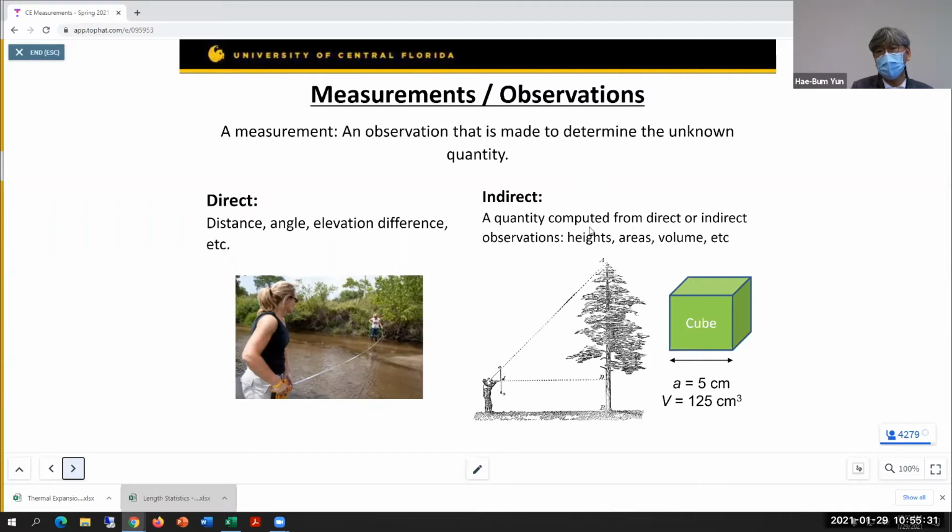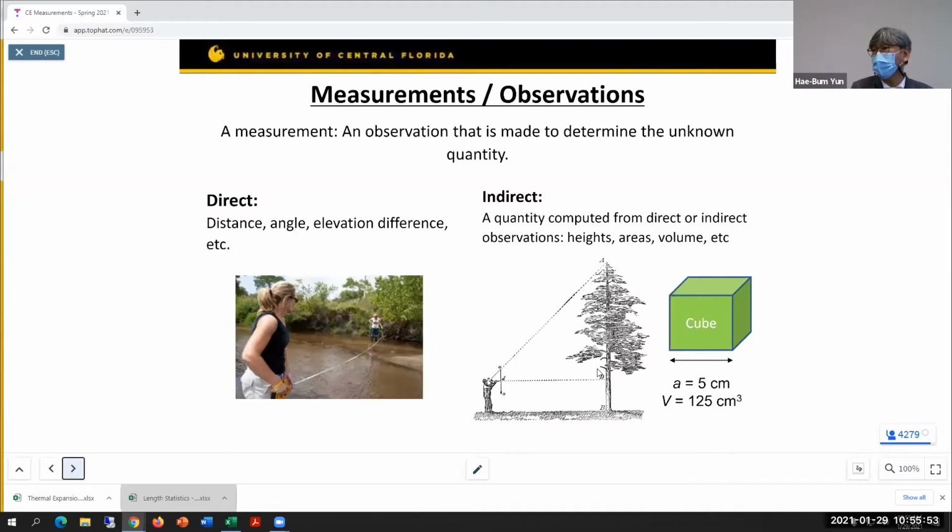The keyword here is computed. Instead of measuring directly, we compute. In this case, to measure this tree height, we use trigonometry, by measuring the angle, and we compute the height.